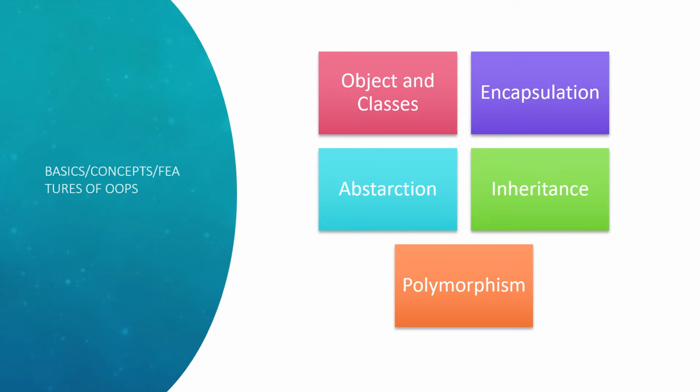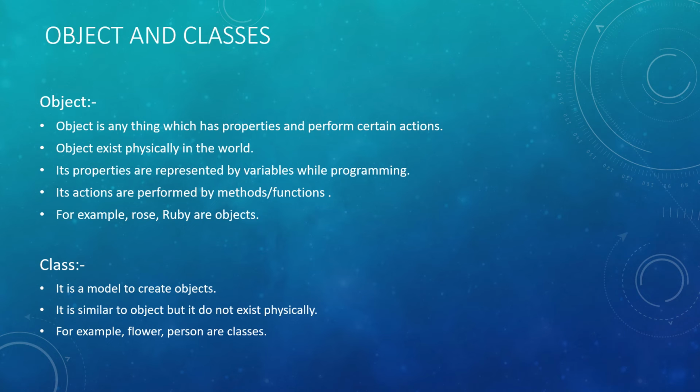There are 5 basics of OOPS concept, which are object and classes, encapsulation, abstraction, inheritance, and polymorphism. Object and classes. Object is anything which exists physically in the world and performs certain actions, and it should have some properties.